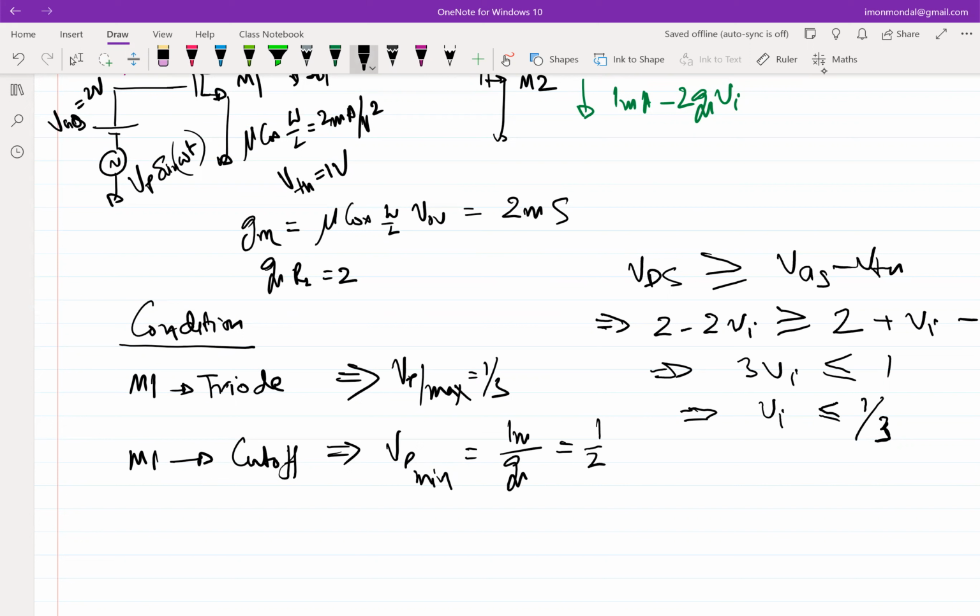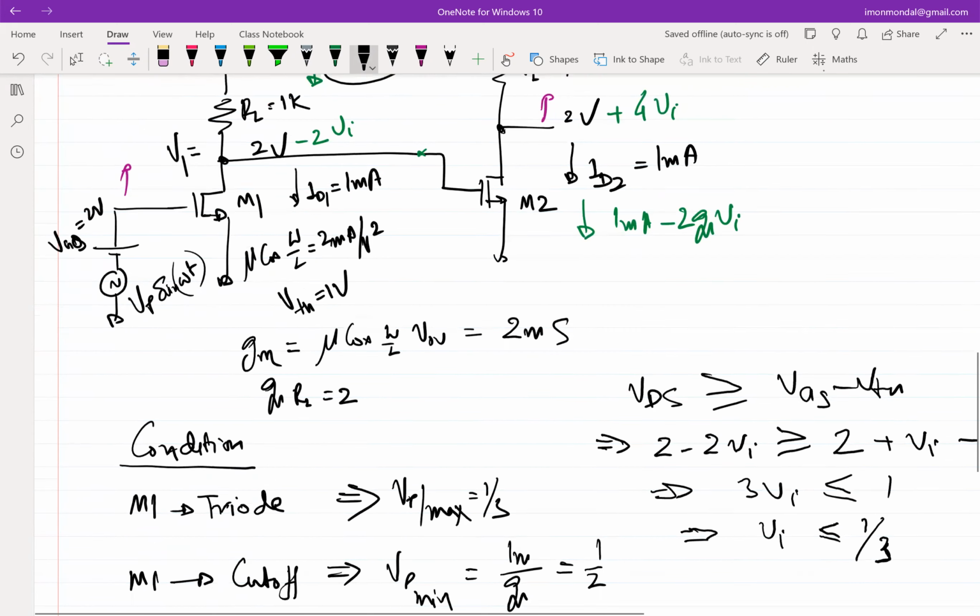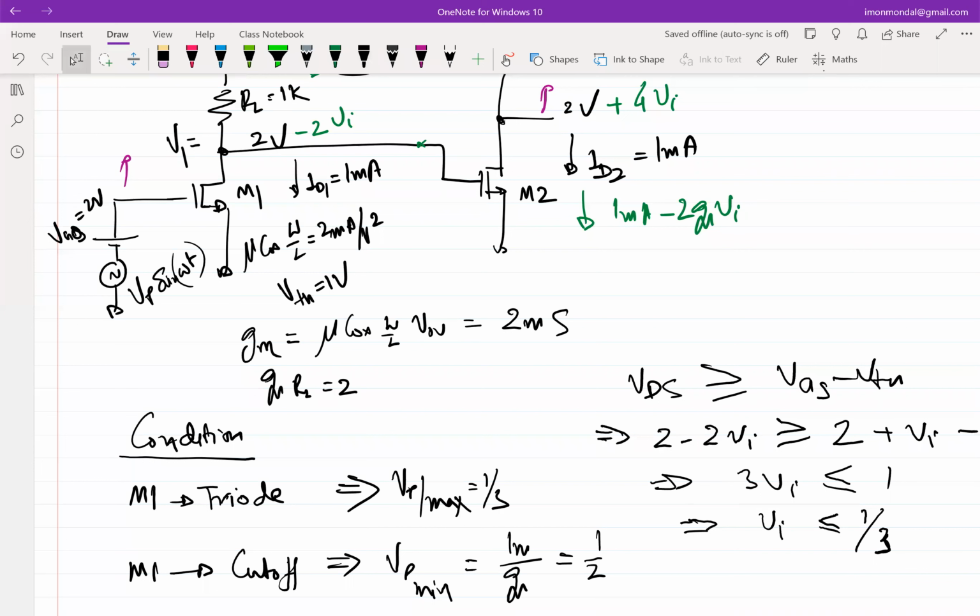So if M2 was not there, then what would be the maximum amplitude of sinusoid that you could have applied under whatever bias conditions we have set up? 1 by 3 or 1 by 2?